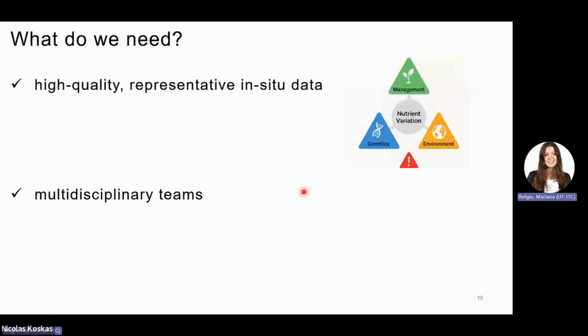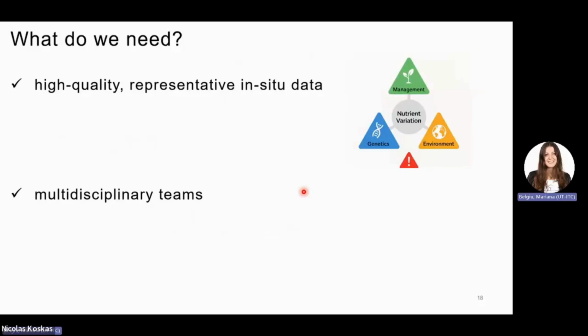So in other words, what do we need and what do we keep on working on? We need many things, but I just put two things here. We need high quality representative in situ data that are capable of capturing the management, the genetics and the environment. And also we need a multidisciplinary team.